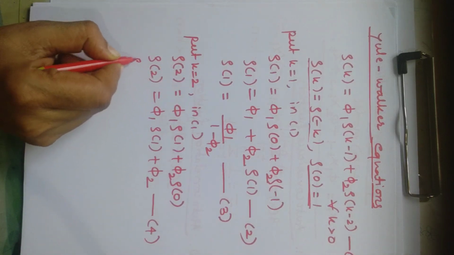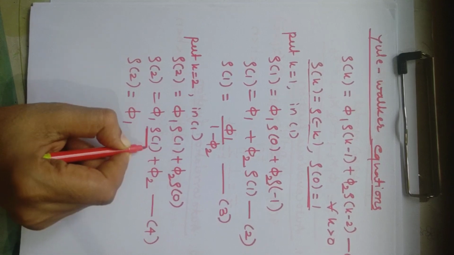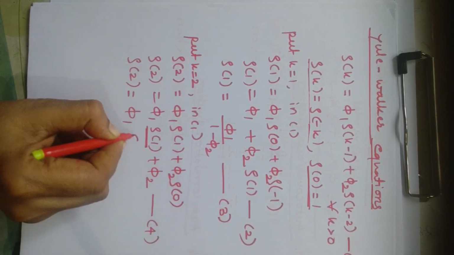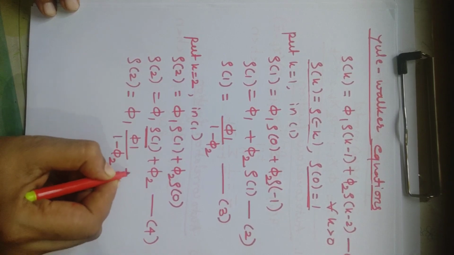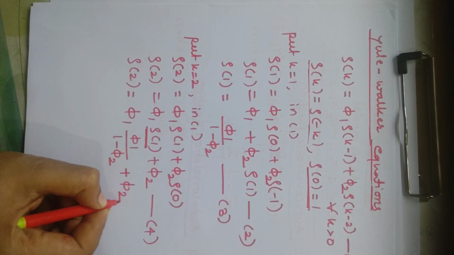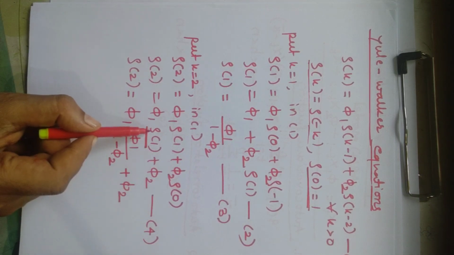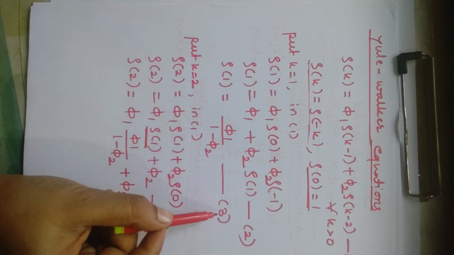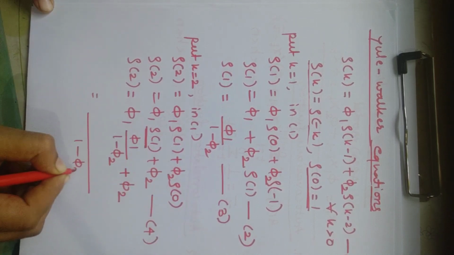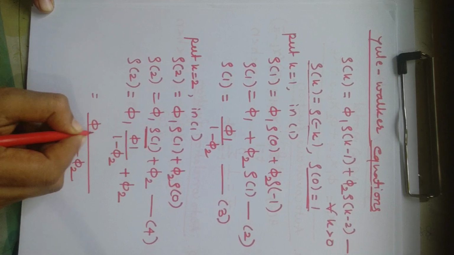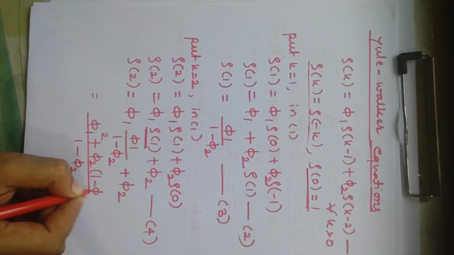So from this I can find rho of 2 by substituting rho of 1 from equation number 3. So phi1 upon 1 minus phi2, plus phi2 as it is. So in equation number 4, substituting the value of rho of 1 from equation 3, we have the LCM as 1 minus phi2: phi1 square plus phi2 into 1 minus phi2, all over 1 minus phi2.